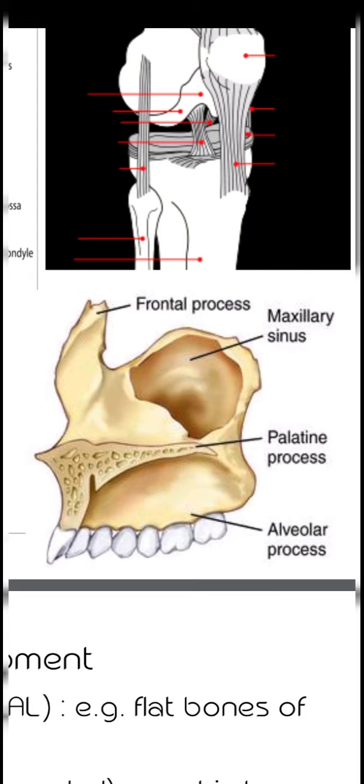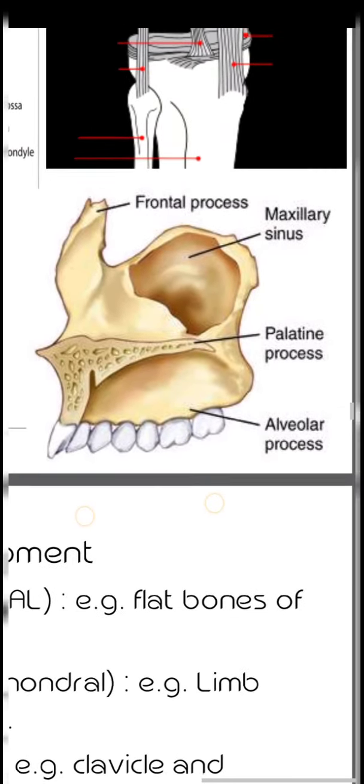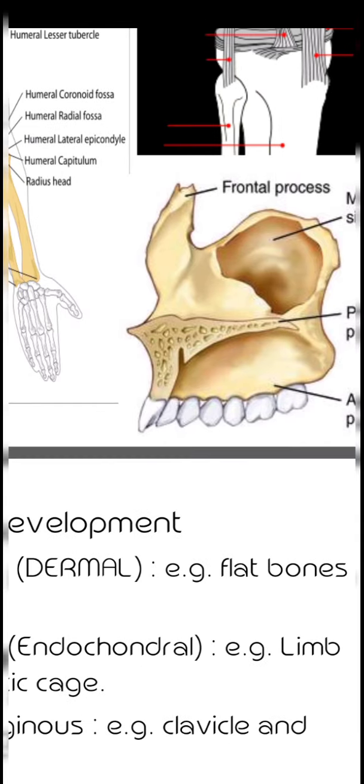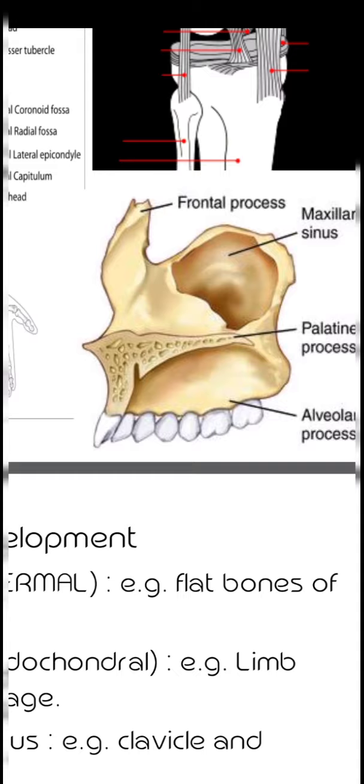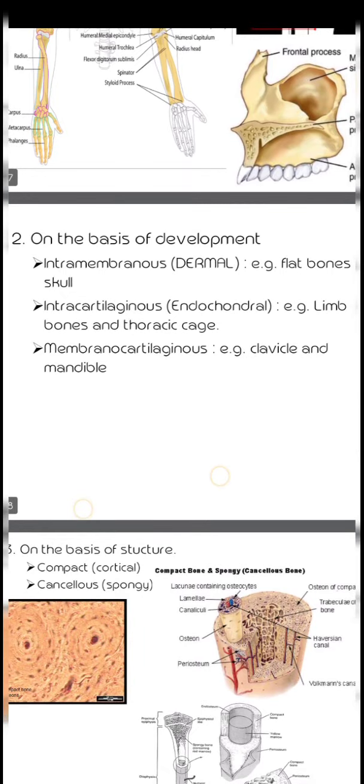If there are two connections, one way to enter the cavity, and a second connection that is connected with another organ or structure containing epithelium, that is known as a fistula. So a sinus is a hollow cavity, and because of this hollow cavity, the maxillary bone is known as a pneumatic bone. It comes under the umbrella of pneumatic bone.